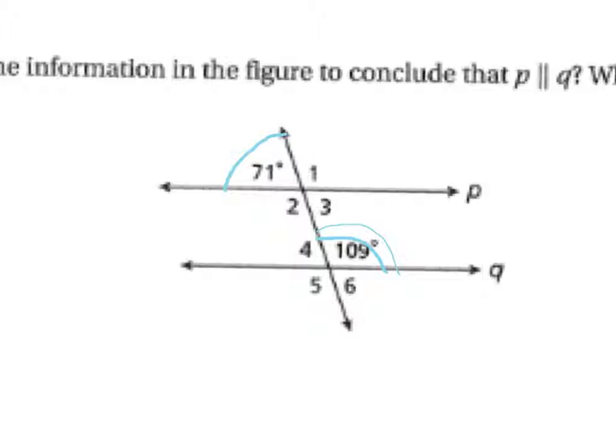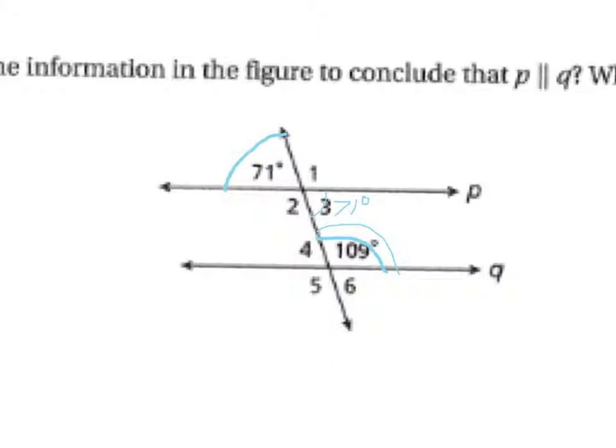They're on opposite sides. They're not corresponding. They're really not any of the four that we've been looking at. However, if we can find what 71 is equal to, for instance, look at angle 3. It is vertical to that angle. Angle 3 is 71 degrees.